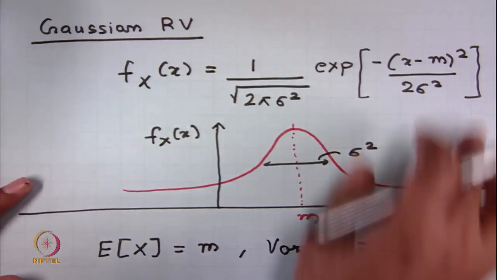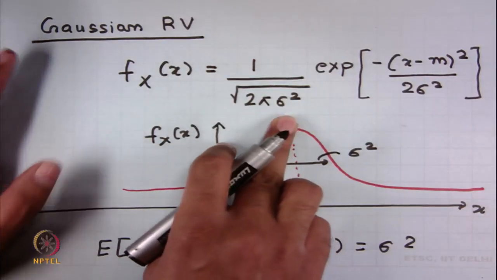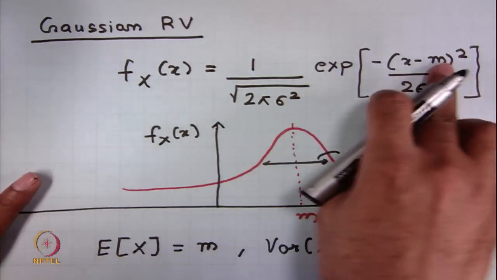Okay. So, this probability density function is completely specified in terms of the mean and its variance.